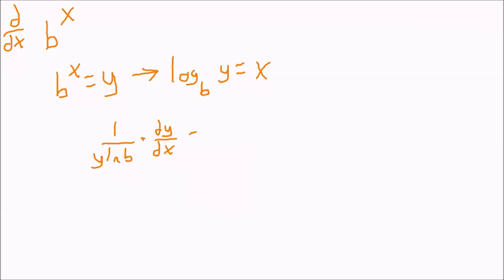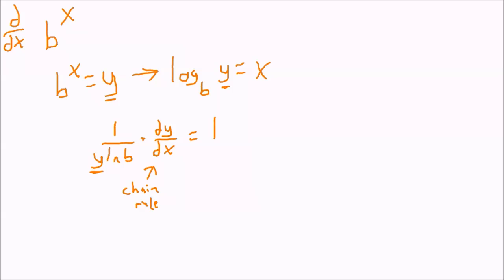And this is going to equal, the derivative of x is just going to be 1. Now one thing you might notice or ask yourself is, where did dy over dx come from? And this is similar to when we did the log base b of u, in that y is a function of x, so when we take its derivative, it needs chain rule.